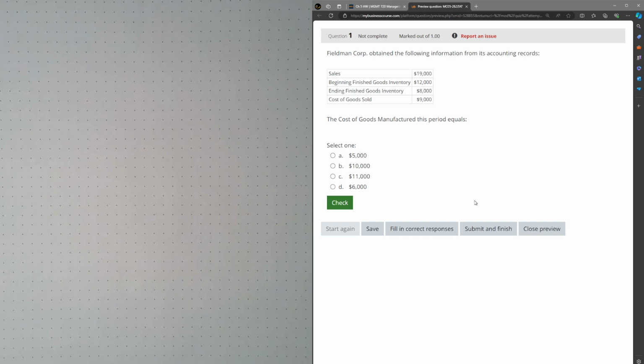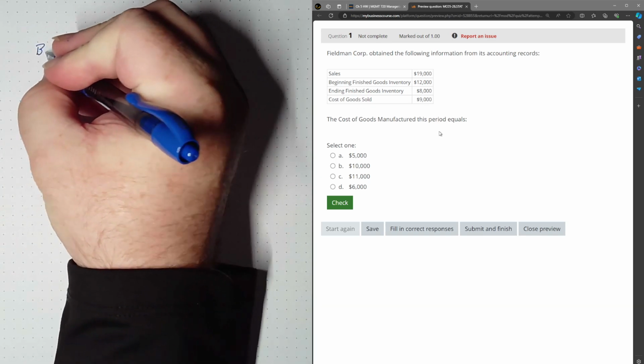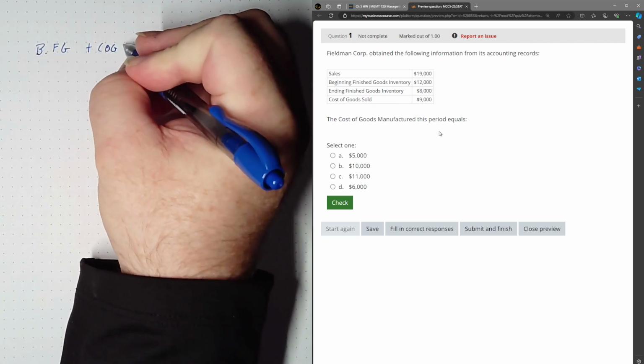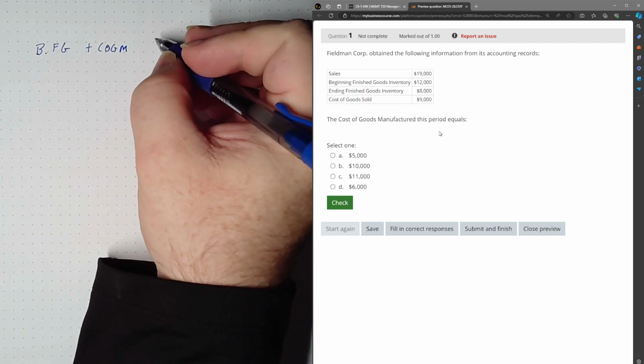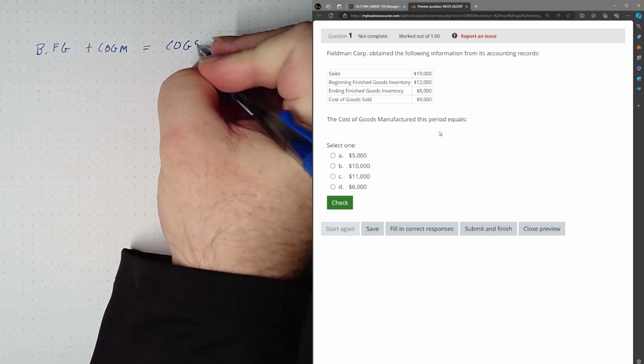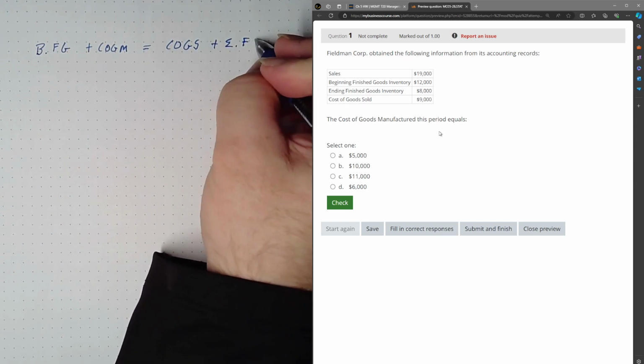Sales, beginning finished goods, ending finished goods, cost of goods sold. The cost of goods manufactured this period equals. So remember, what is our equation? It's beginning finished goods. What is coming in? Things that were completed from the work in process, which is called cost of goods manufactured, equals what leaves finished goods, things that we sell, called cost of goods sold, plus ending finished goods.